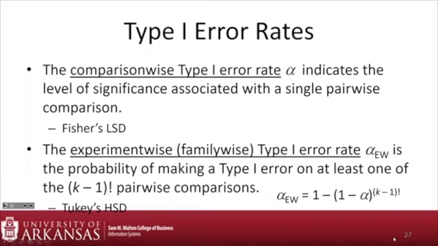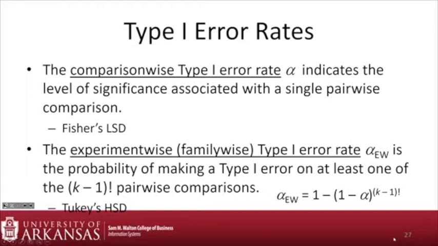Comparison-wise alpha rate says that we're going to have a 0.05, the example I'm going to use right now, a 5% alpha level for every comparison that I do, for every pairwise test. So let's call it comparison type 1 error rate. That's what we've been doing this whole time. Every test we do has a comparison type 1 error. This is what Fisher's LSD does. It's looking at the comparison-wise.